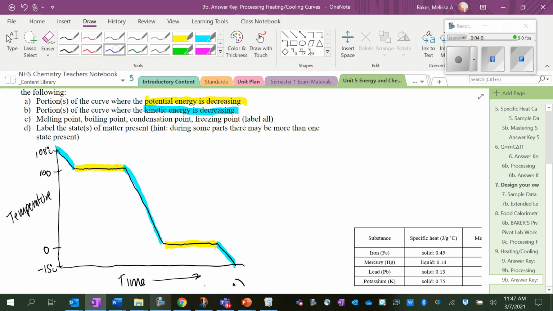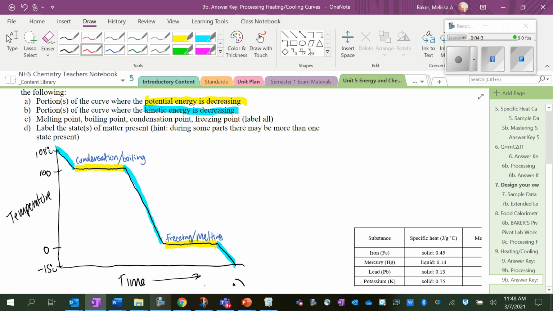The melting point, boiling point, condensation point, and freezing point. So this is the freezing/melting point, 0 degrees for water. And this is the condensation point, or if it were going in the opposite direction, the boiling point.